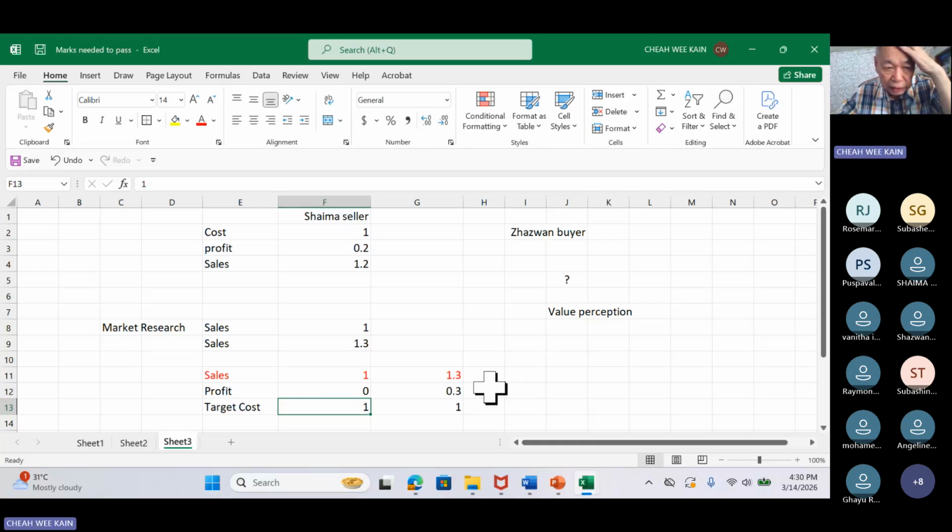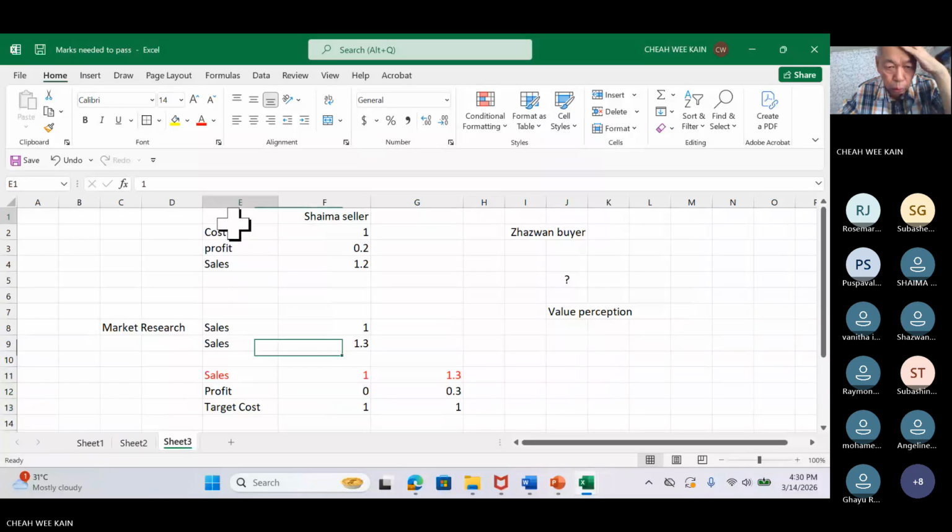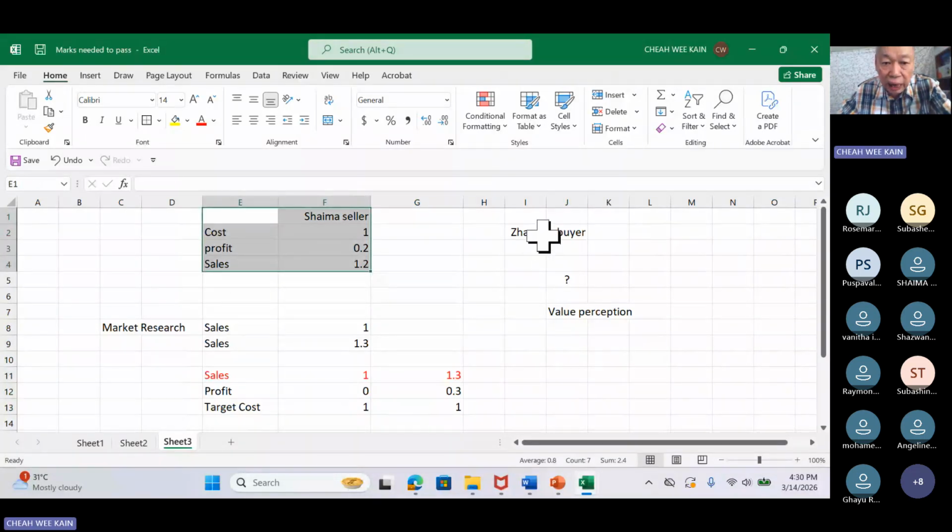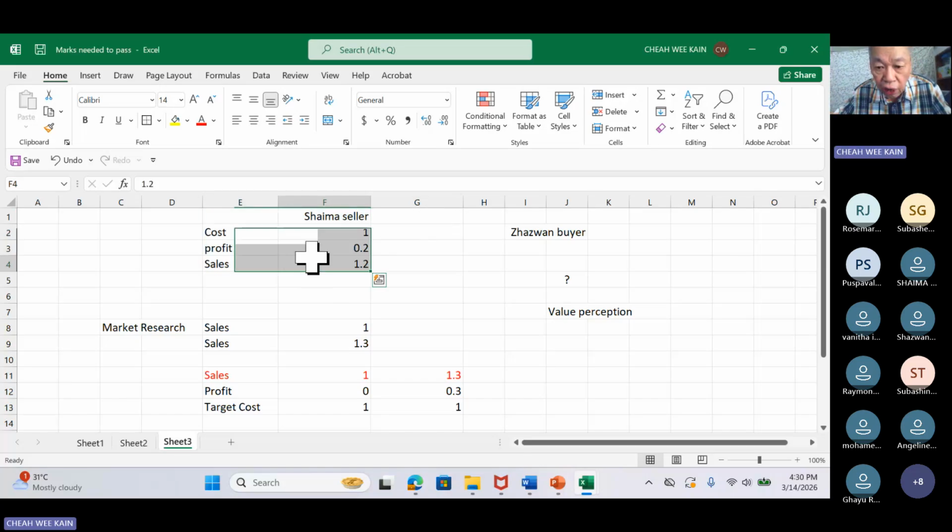Many people do it like this. Why? Because Shaima only knows how to make chapati. So she thinks that's what I can do. The market may not accept your chapati. And if they accept, they do not accept 1.2. It's all value perception.